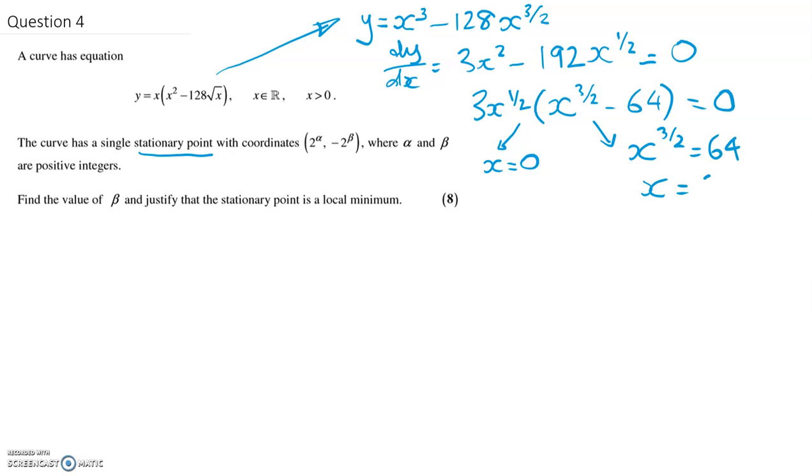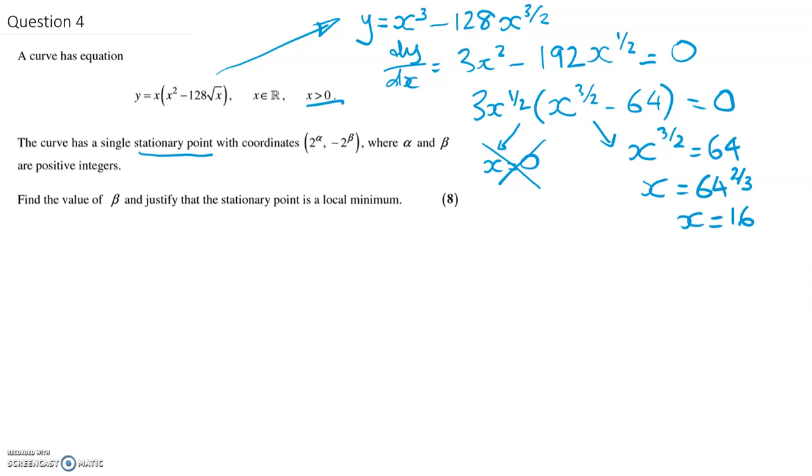So I need to do 64 to the power 2 over 3 to get x here, which is 16. Okay, so we are told that x has to be greater than 0, which means I can just ignore that solution. And I only have the 1, which is 16.